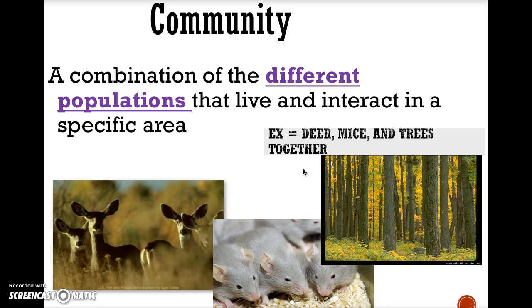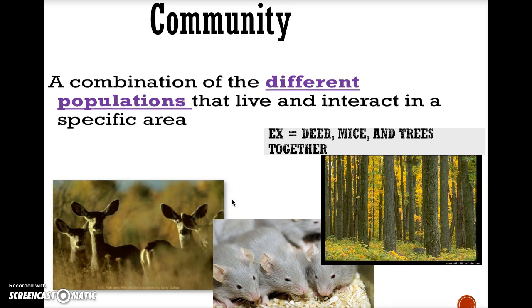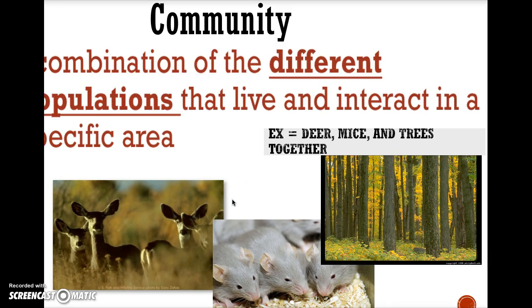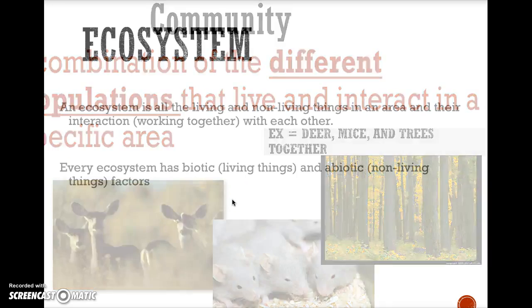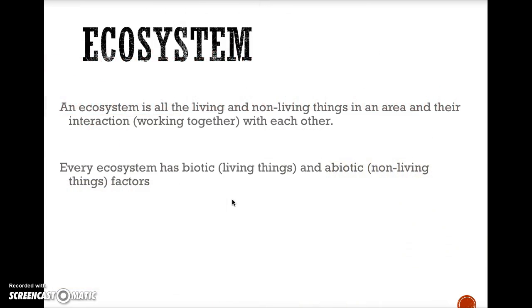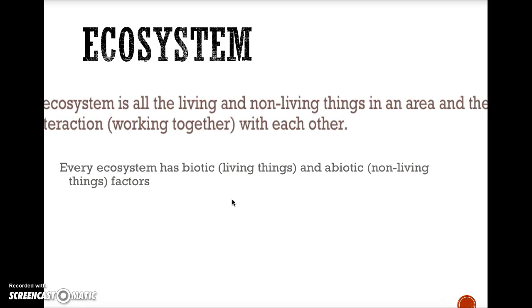A community is a combination of different populations that live and interact in specific areas. So you have deer, mice, and trees. These are all a community. Now, an ecosystem is all the living and non-living things in an area and their interactions with each other. Every ecosystem has biotic factors, which are living things, and abiotic factors, non-living things.